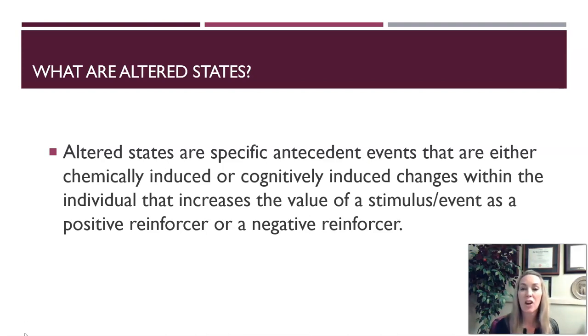A student who has been smoking marijuana is in an altered state, meaning perhaps they have a new motivation for obtaining snacks or escaping work or getting to go to sleep. So that's an altered state that changes the student's motivation.